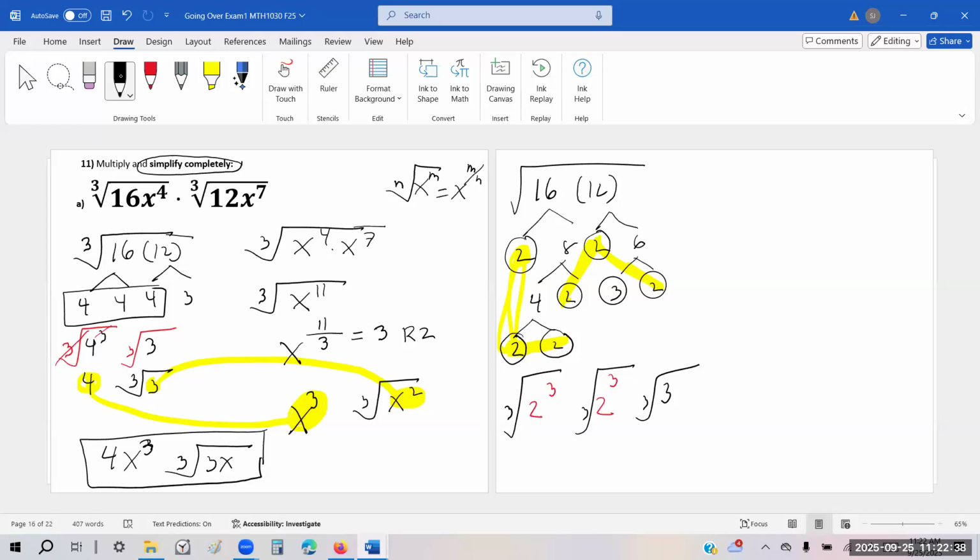The second 2 cubed has its own radical. The single 3 has its own radical. Everything has their own radical. But what happens here? The radical and the 3 cancel out. The radical and the 3 cancel out. So you're left with 2 here, 2 here, and this one you cannot break down anymore, so you keep it.